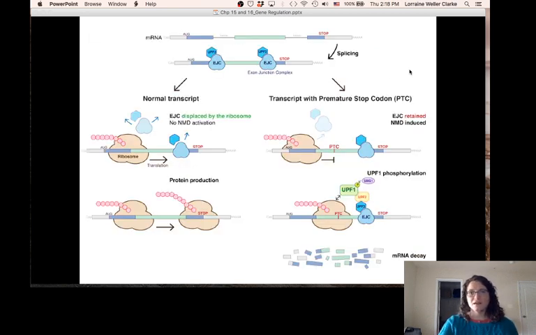All right. This is a nice one here again. So we have the mRNA here. These exon junctions are little tiny proteins that highlight and say, okay, here's the start of an exon, here's the start of an exon, and here's the stop, okay? With the normal transcript, as the ribosome travels down, it displaces these exon junctions. Great. You have a proper production of the protein.